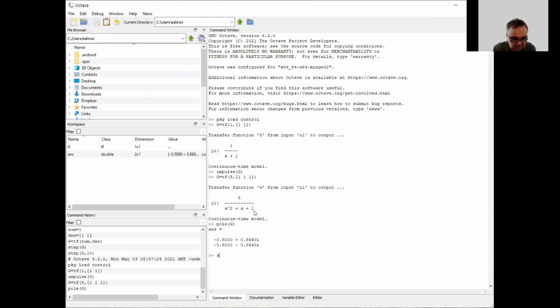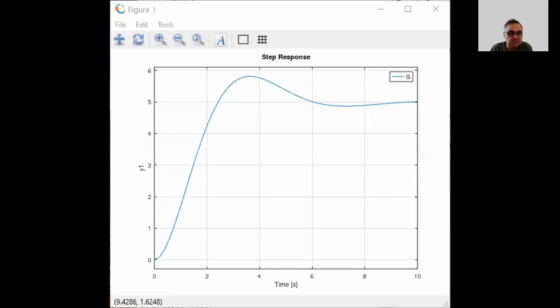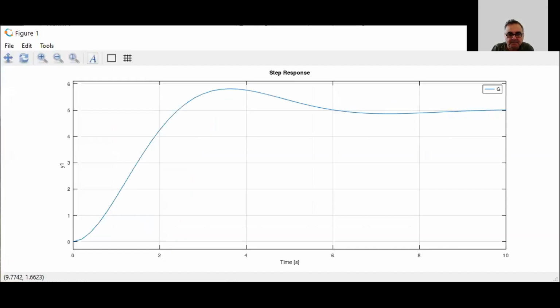For example, the step of G, if I say this, we will find that the response is like this. The response is oscillatory.